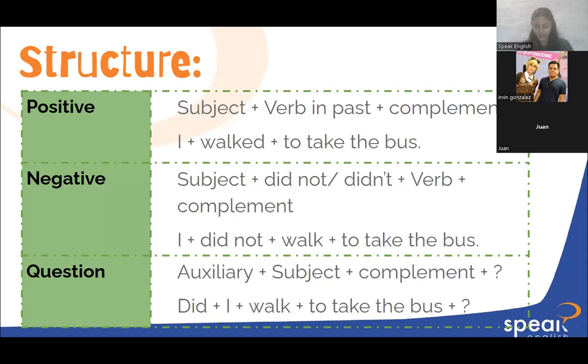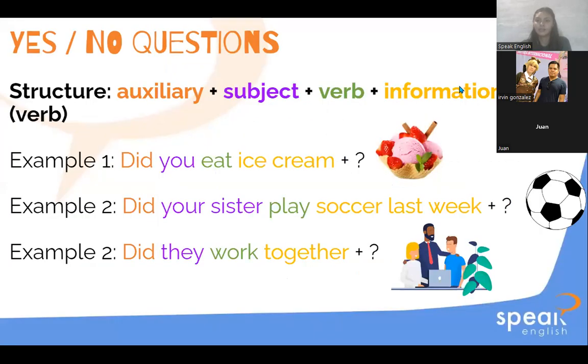Is it regular? Drunk. Excellent. And eat? Ate. Eight, very good job. So if we have irregular verbs, the verb will change completely. Okay, excellent.